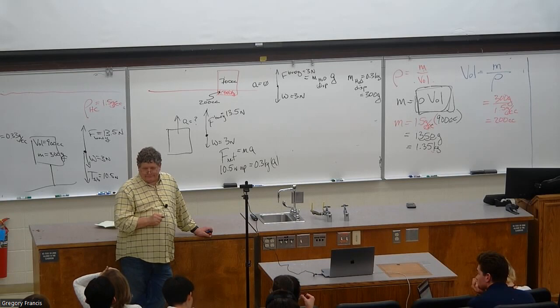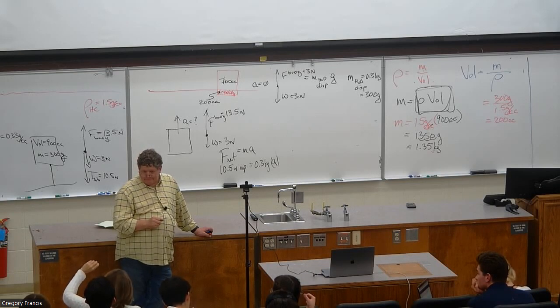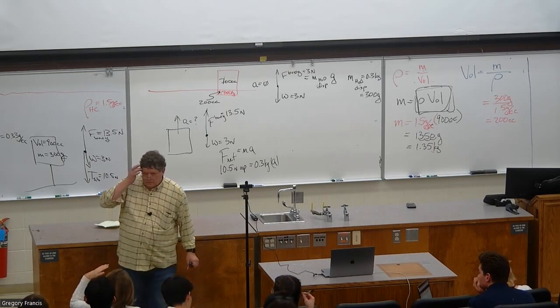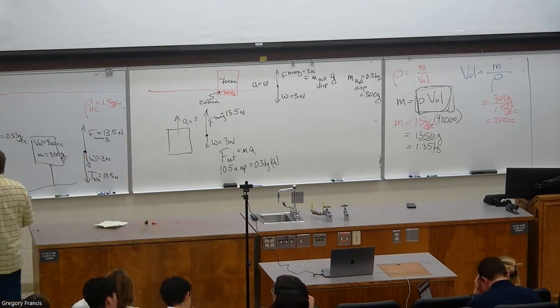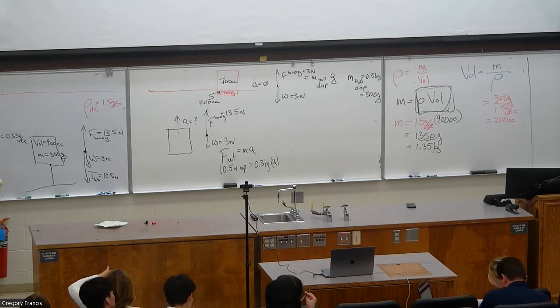Yes, Ruth. Will you go over again? Density ratios and how that applies to the volume. The density of the object over the density of the liquid, or is it the other way around?